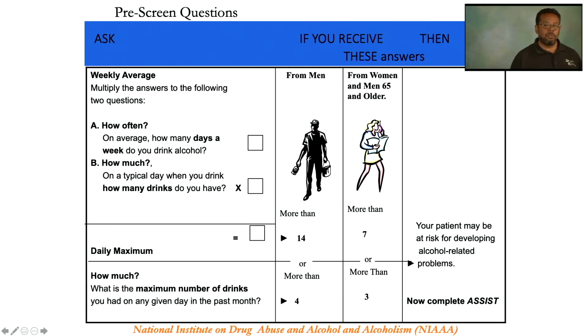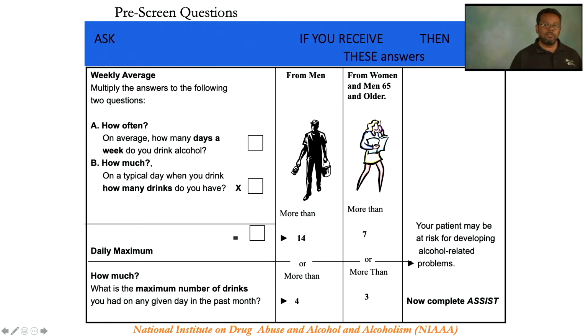So the next thing we want to look at is what they're doing on a particular day. So male ages 18 to 64, if they've had more than 4 drinks at any one sitting or more than 5 drinks in a day, you still would want to move them forward. So an example where that may happen, they may only drink 2 times a week, and they're drinking 5 drinks each time they drink, or 6 drinks each time they drink.